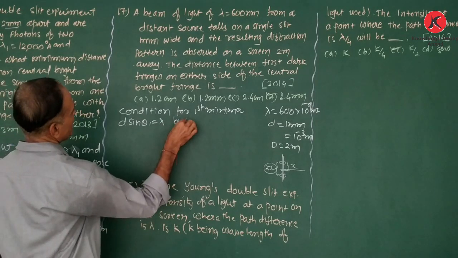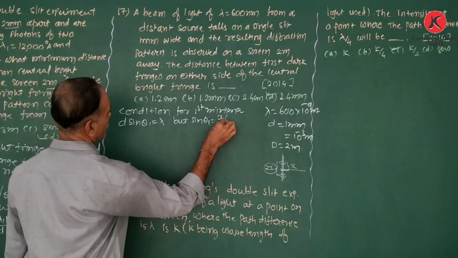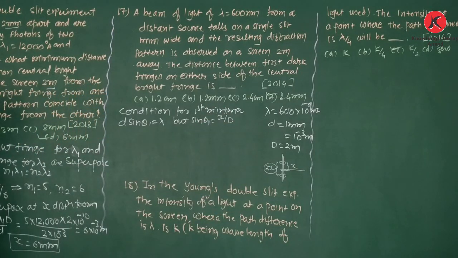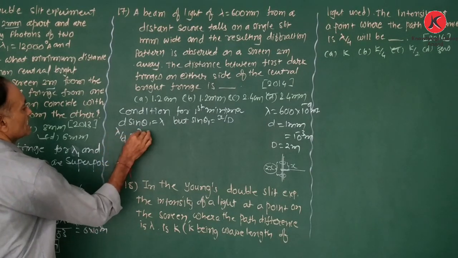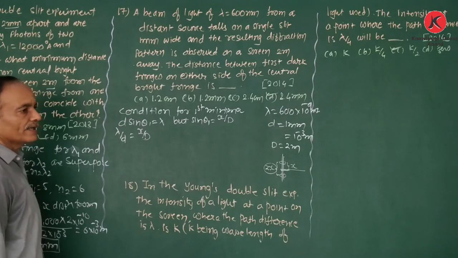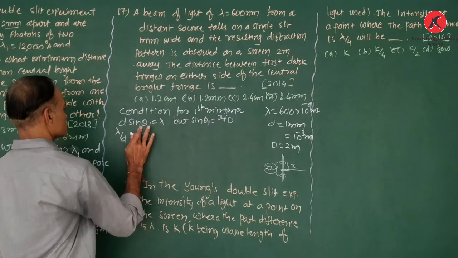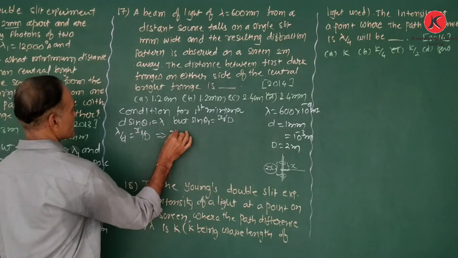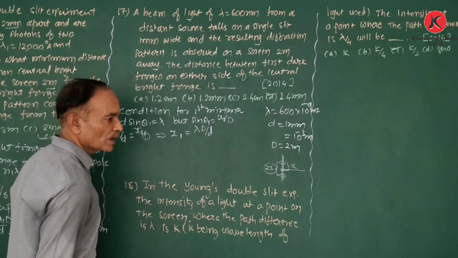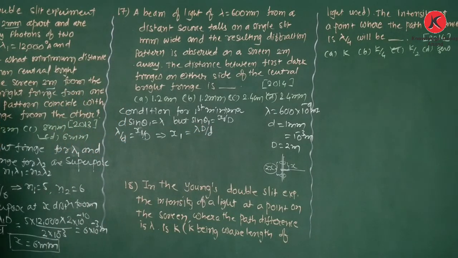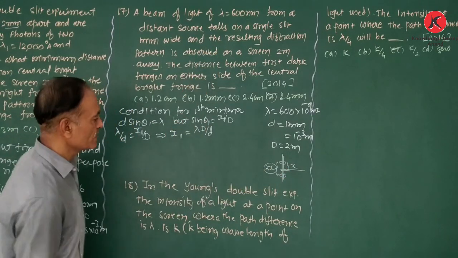But sin theta 1 is equal to x upon capital D. Comparing these two equations, lambda upon d is equal to x upon capital D. We take it as x1. Therefore x1 is equal to lambda capital D upon small d. That is the distance of the first minimum from the central maximum.